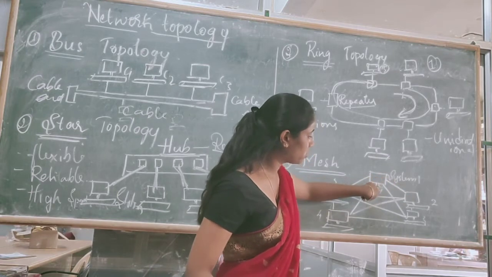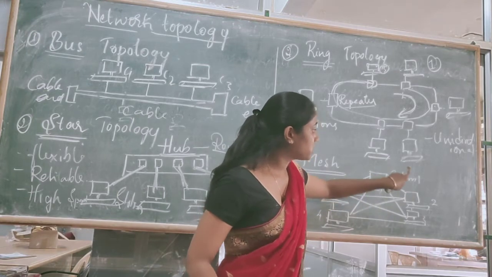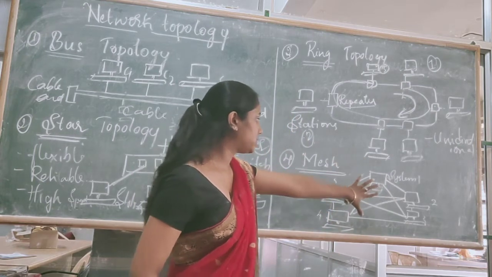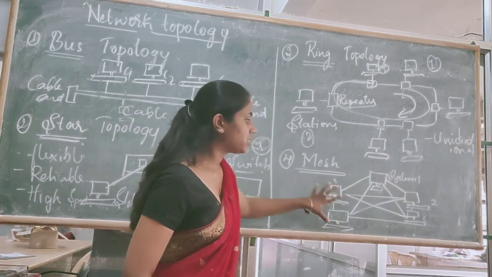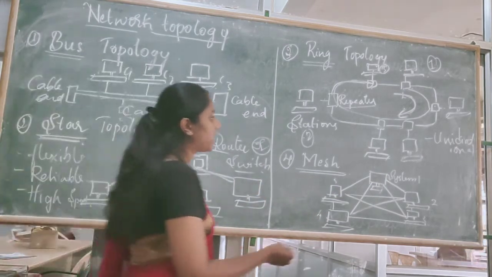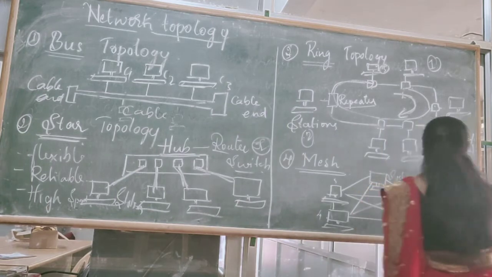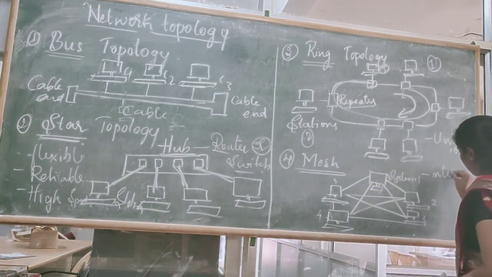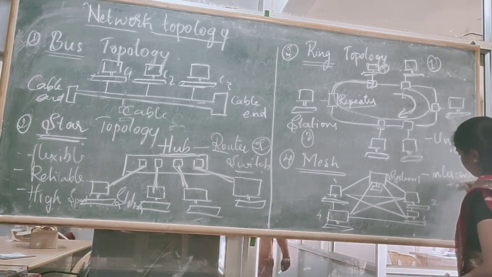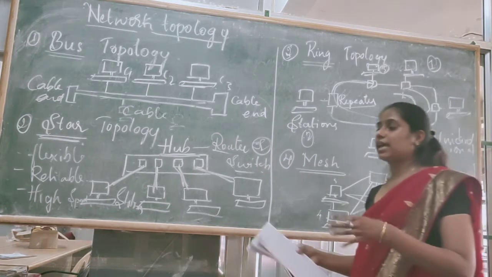If you consider this as system 1, it is connected to 2, 3, 4 and 5. For everything the system is connected. Each system is interconnected to each other. Okay na? So the first characteristic of mesh topology is that it is interconnected.